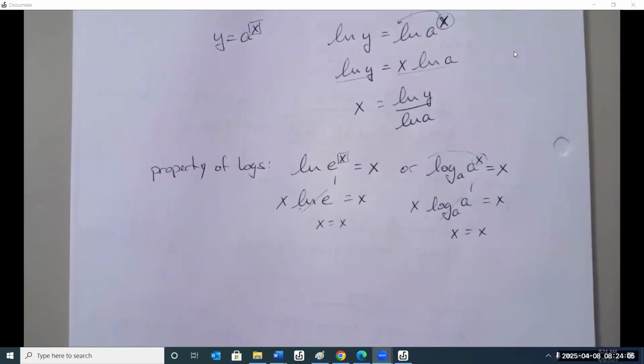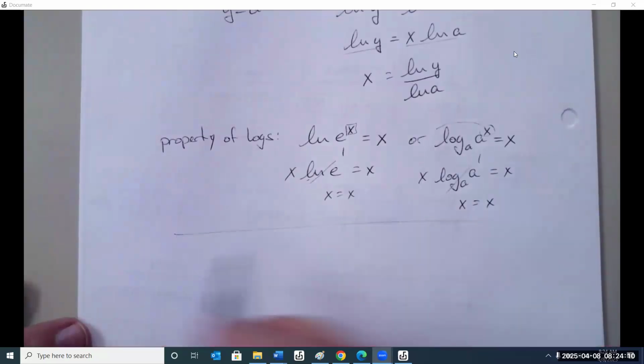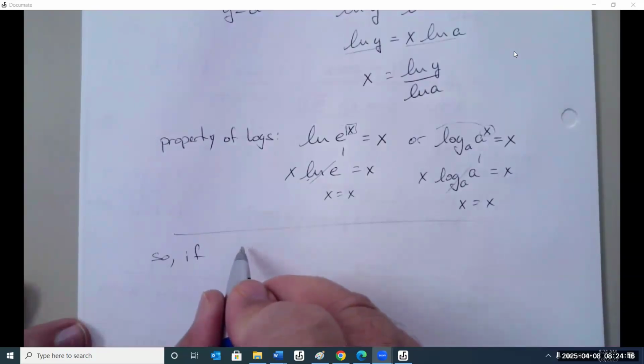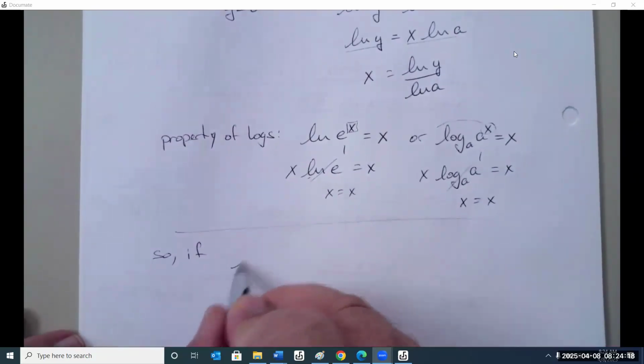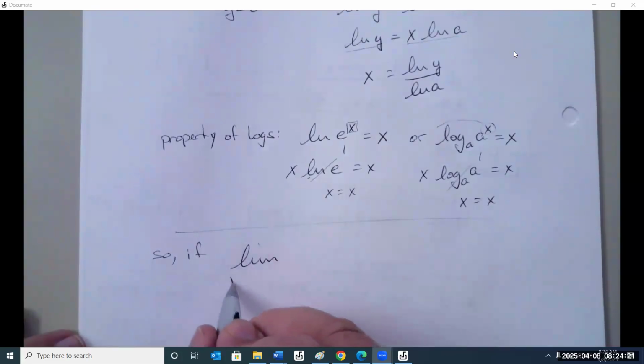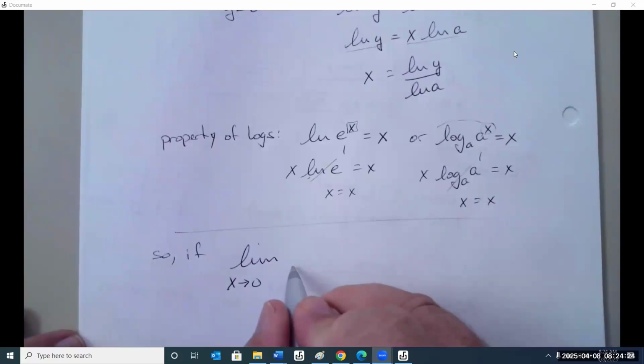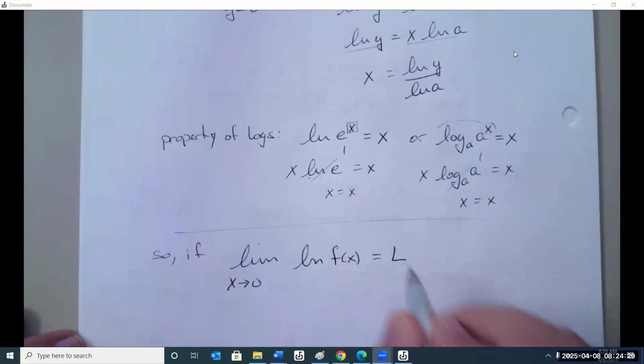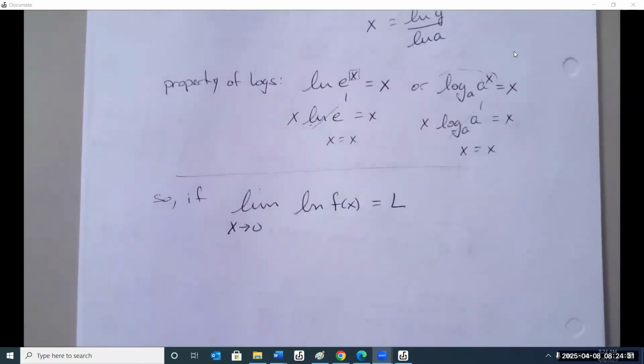Now, to solve what we're doing here, we're taking the limits. So in ours, we take the limit as x approaches 0, and we take the ln of a function, it equals some limit. As long as f of x is not 0 or negative, we can take the ln of it.